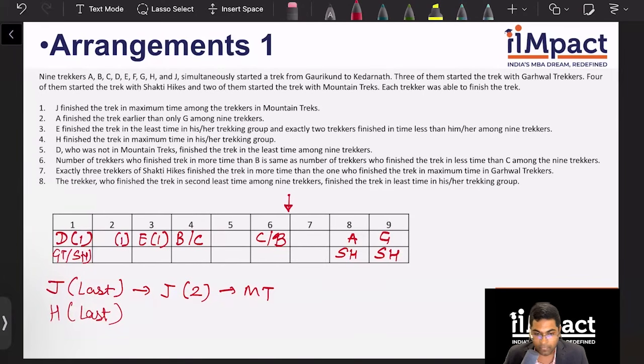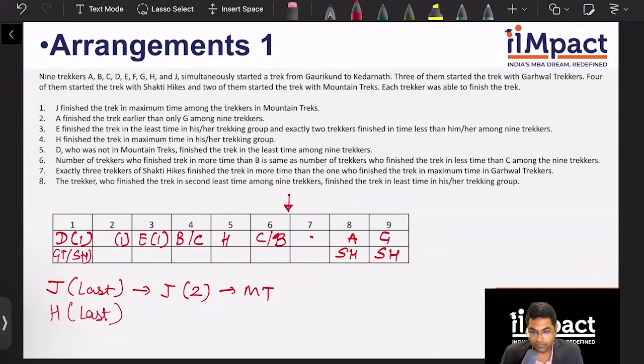Correct? Now since I know, guys, remember this. I know that G is the last person in SH. J is the last person in MT. Therefore, I know that H is the last person in GT. Garhwal trekkers, yeah, GT. So H cannot be over here because then there would be 3 people of SH after H. So therefore, H has to be over here.